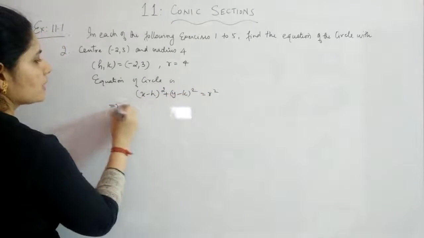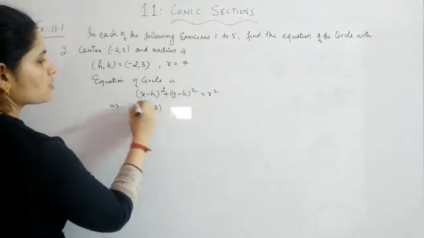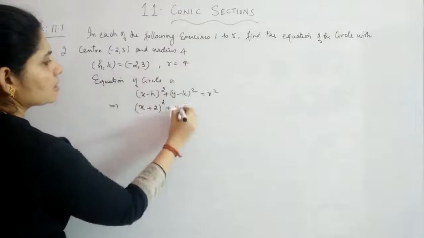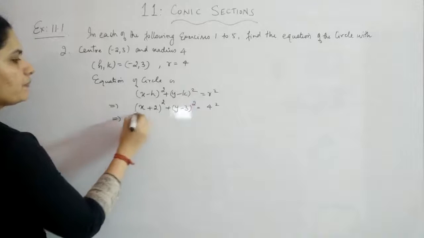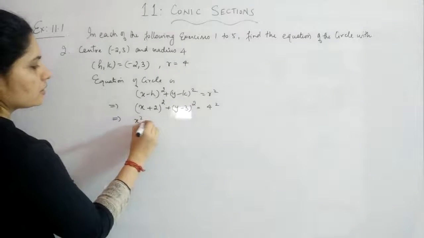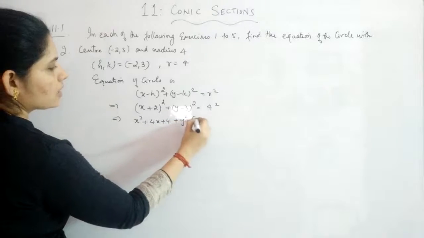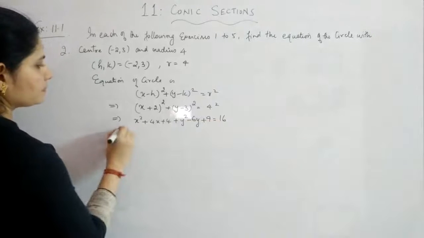Replacing the values, x minus of minus 2 will give you (x plus 2) the whole square plus (y minus 3) the whole square equal to r square, which is 4 square. This is x square plus 4x plus 4 plus y square minus 6y plus 9 is equal to 16.